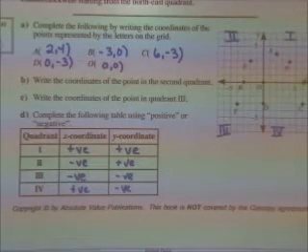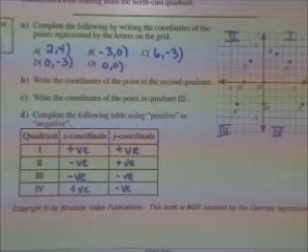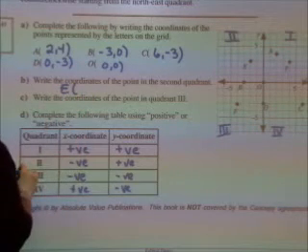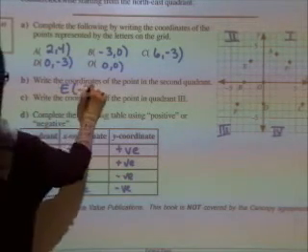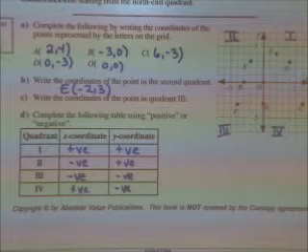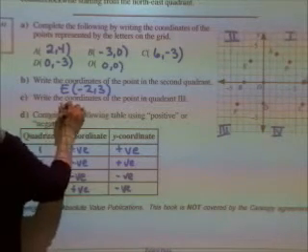What point lies in the second quadrant? E. And what are the coordinates of point E? (-2, 3). Thank you. And what point lies in quadrant 3? F. And what are the coordinates of F?